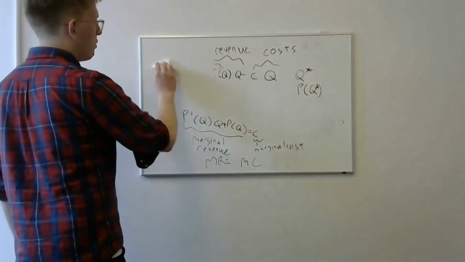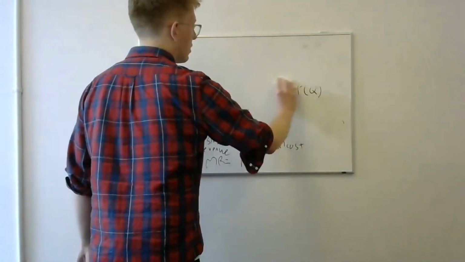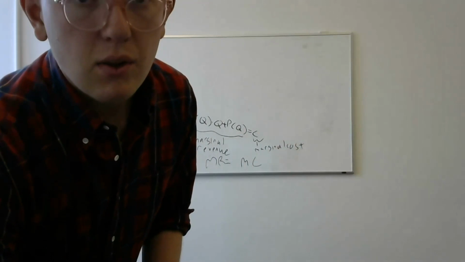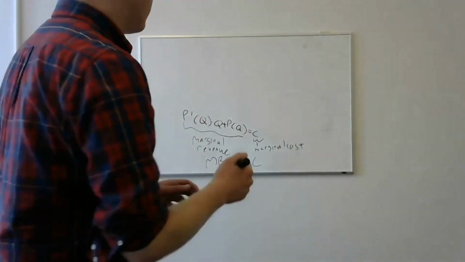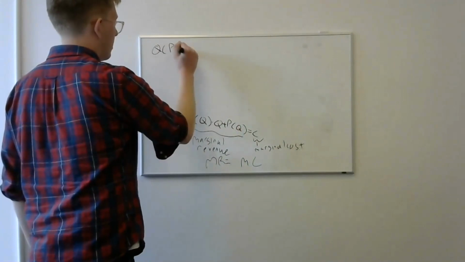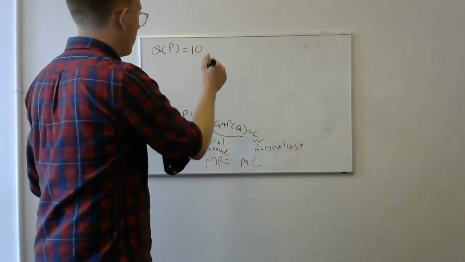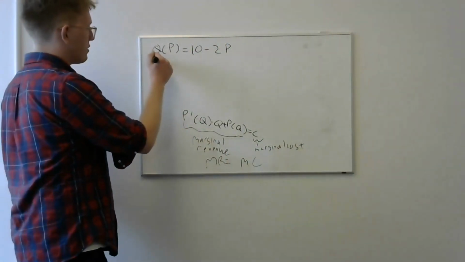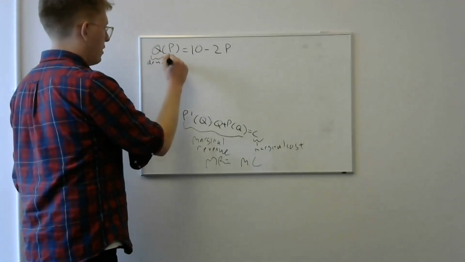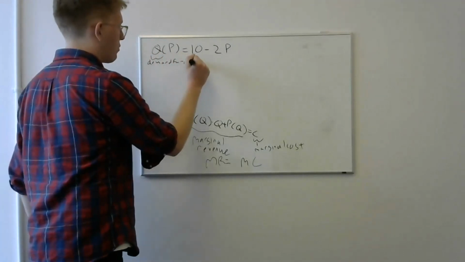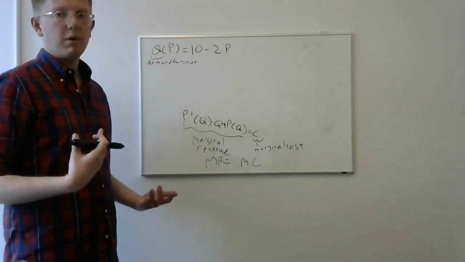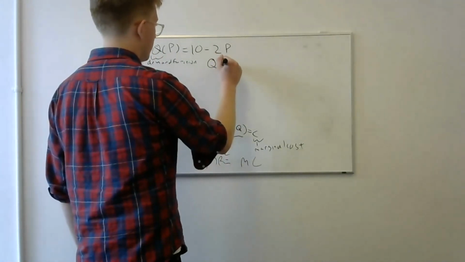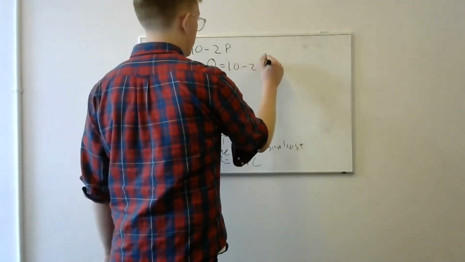Let's start with what we know. Market demand is Q(P) equals 10 minus 2P. This is our demand function, and what we now want to write is the inverse demand function, so P as a function of Q. The way I'm going to do this is to say that Q is equal to 10 minus 2P.